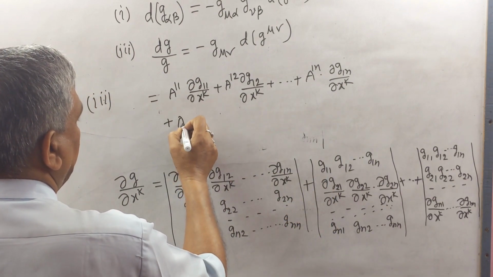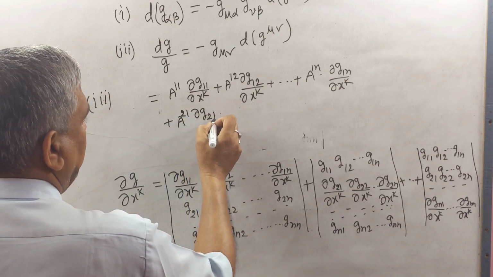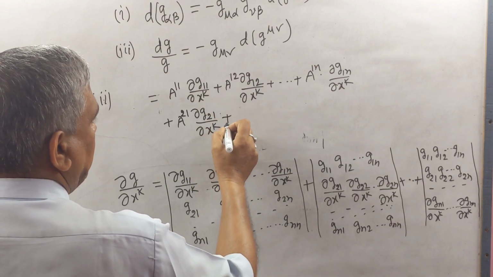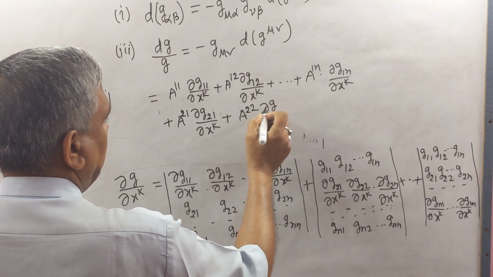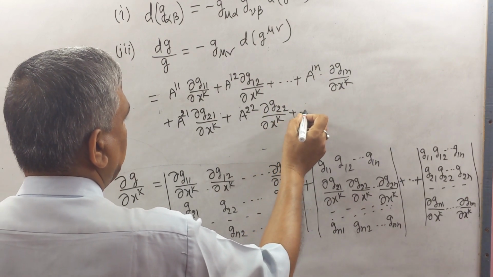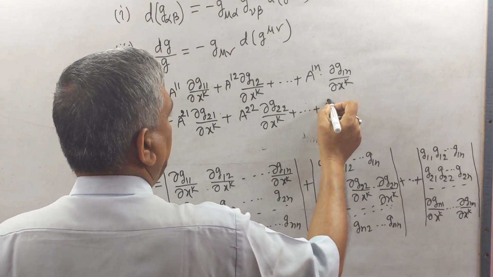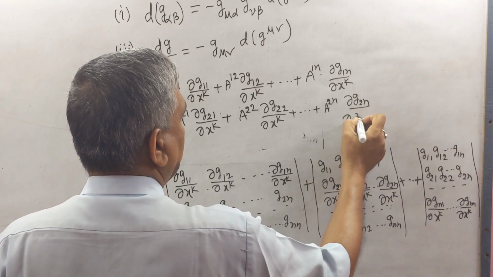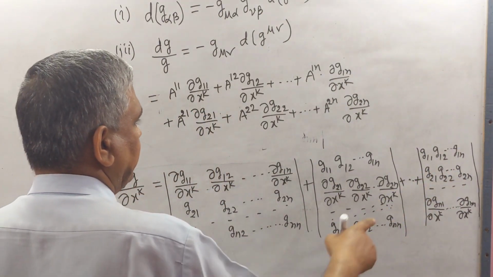So we write A21 del G21 by del xk plus A22 del G22 by del xk plus dot dot dot A2n del g2n by del xk, and we take other determinants also.